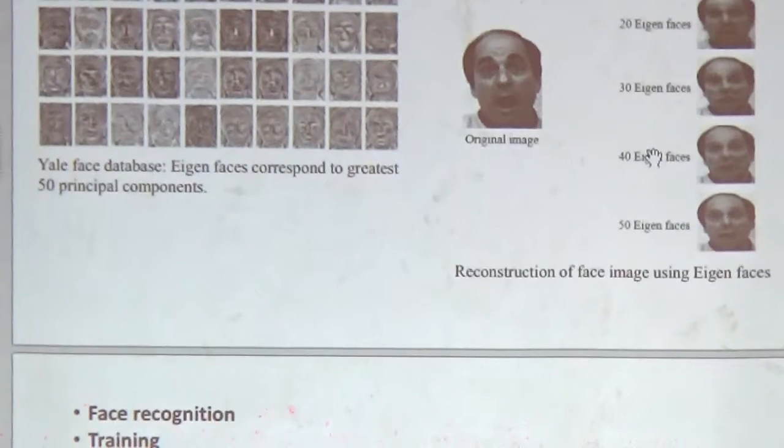So take a look at the reconstruction done by only 10 eigenfaces and done by using 50 eigenfaces. As you keep on increasing the eigenfaces, you get a better and better approximation to the original. Right? So this is the way to represent data.